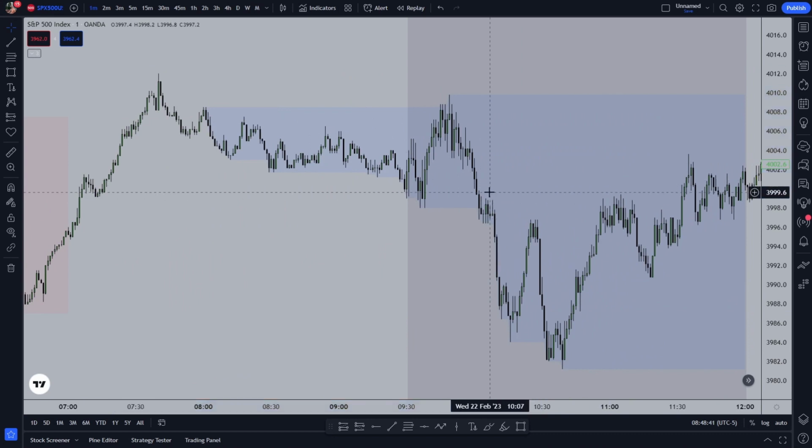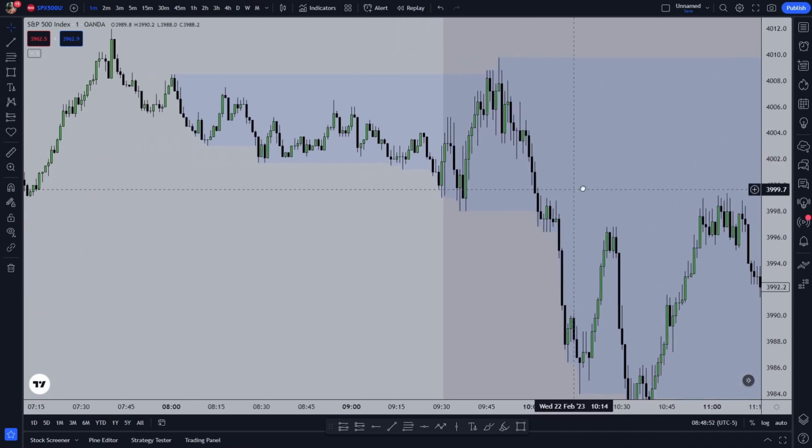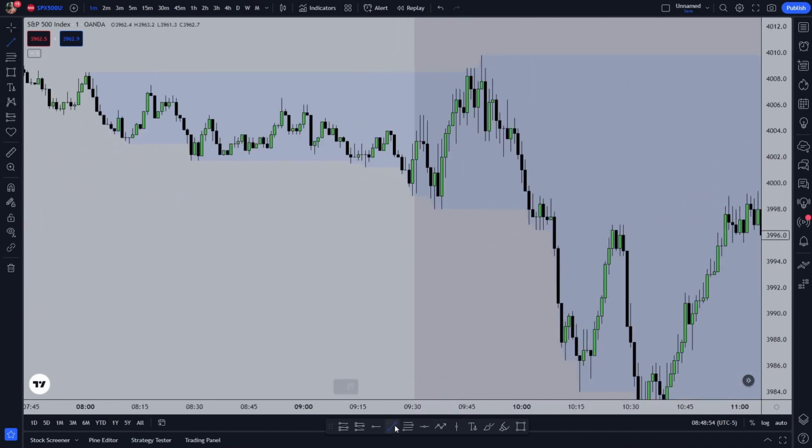And at what time? If you guys can see, this is the 10 o'clock candle, this one. Right over here, if you watch closely, it was also a breaker pattern. First it took the high of this market structure swing high, and then it took the low also right over here.